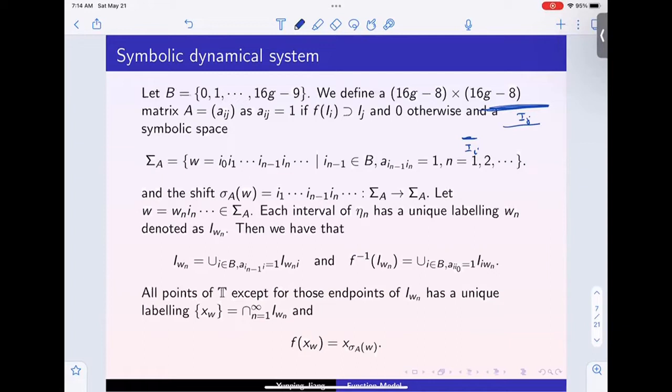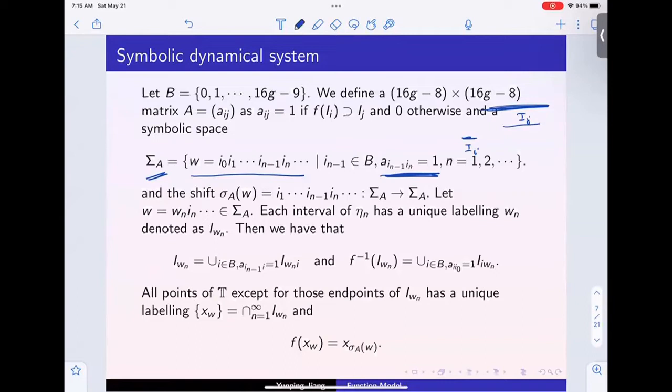After you define the 0-1 matrix, you can define the so-called symbolic space, which we call sigma A. That means it's all the strings of integers within B, such that consecutive integers must have that property, that you can really apply F to map I to J. Then on this symbolic space you have something called the shift map.